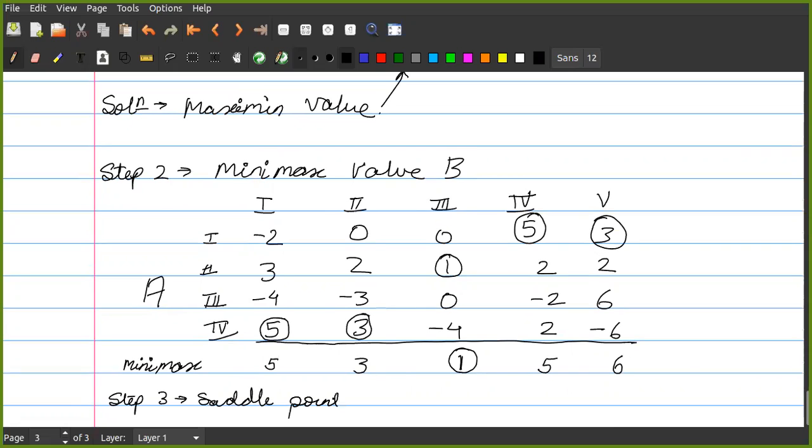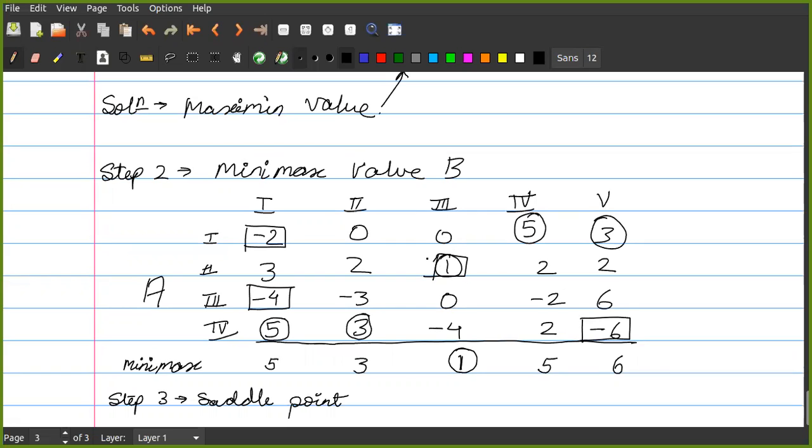For saddle point, you will again have to create the same table, but with both values. So here it will be a square, here a square, here a square, and here a square.